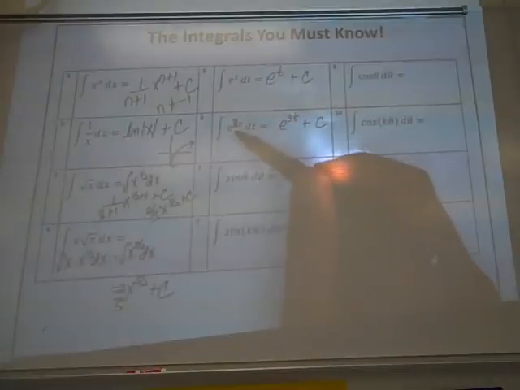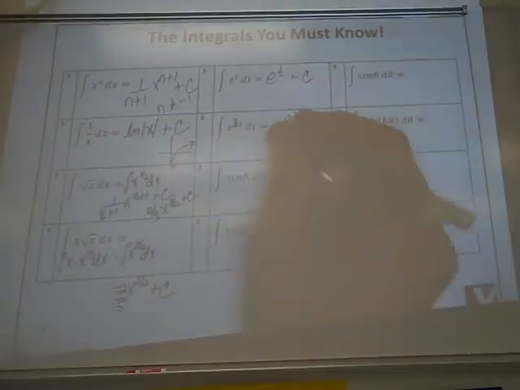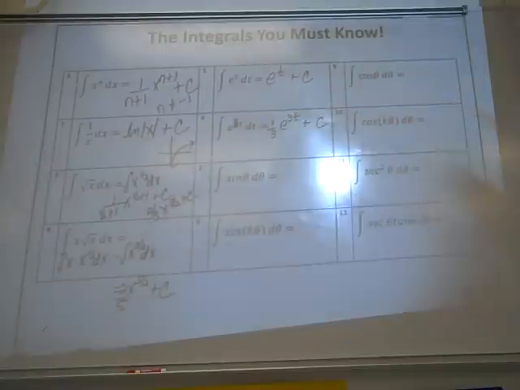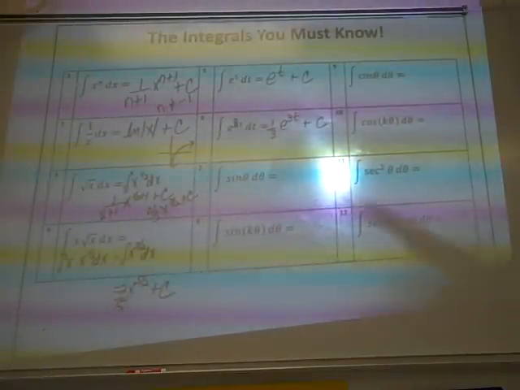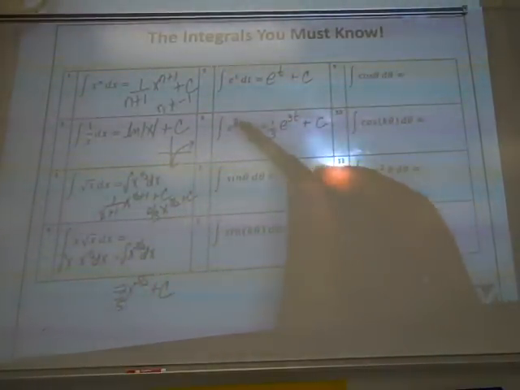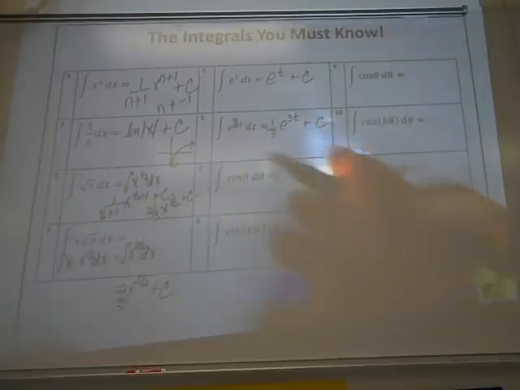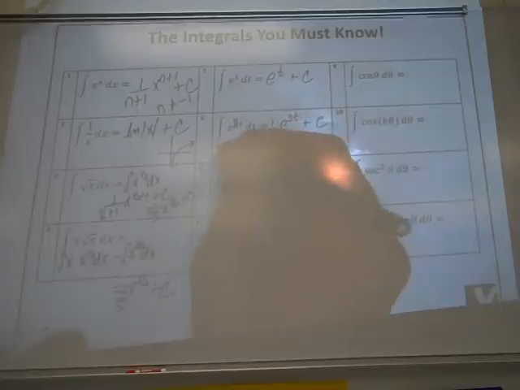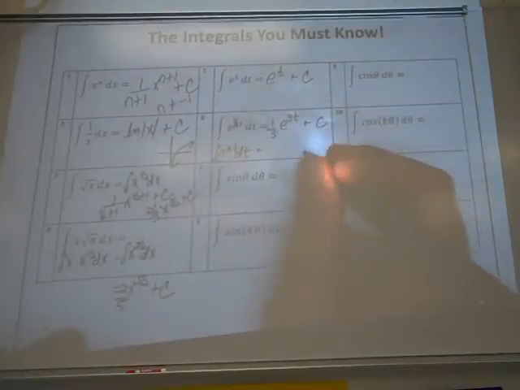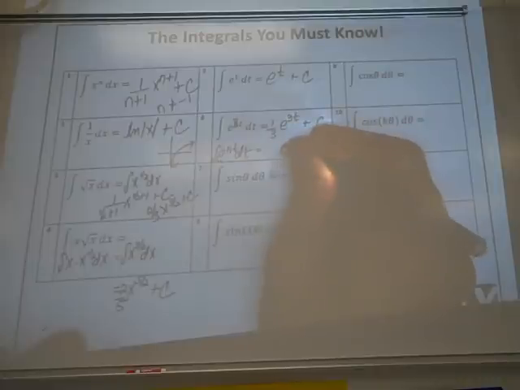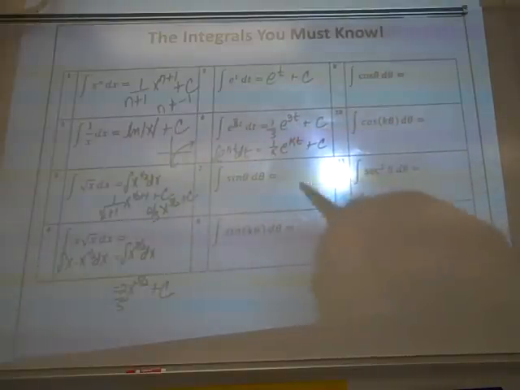Since I don't have multiplying by 3 in the integrand, I need to have a 1/3 here. So the indefinite integral of e to the 3t power is 1/3 e to the 3t plus C. So the indefinite integral of e to the kt dt, assuming that k is a constant, will be e to the kt plus C, and then times 1/k.